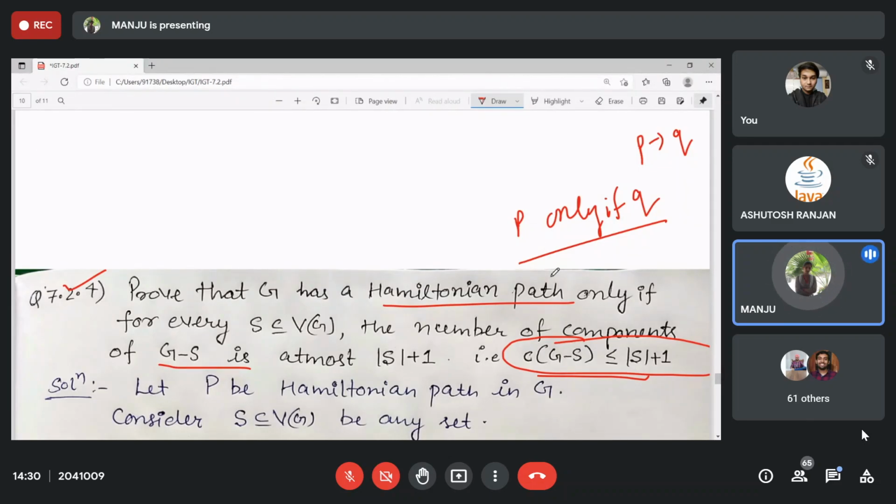If G has a Hamiltonian cycle, then what was this one? The number of components of G minus S was less than or equal to this one, right? For all non-empty sets S. Clear? And whenever it is a path, it will be added to 1. Understood?